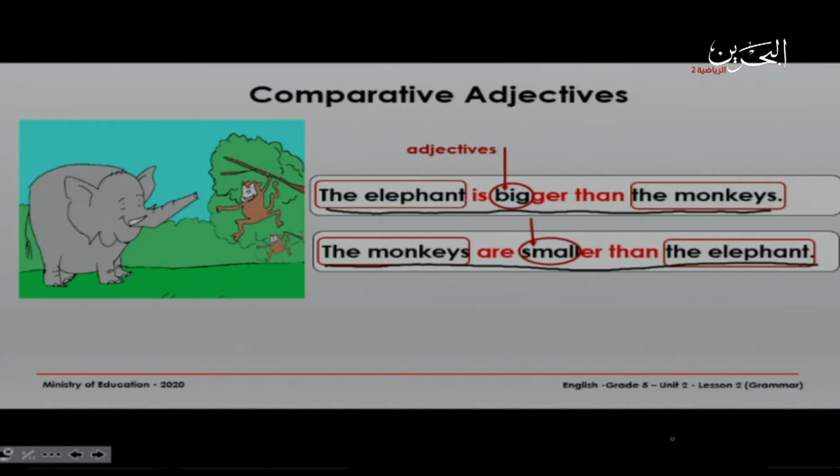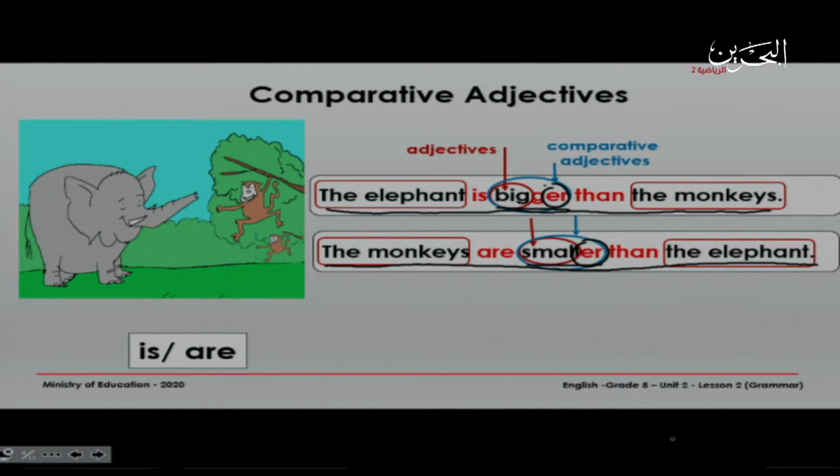To make it comparative, you have to add ER to the end of the adjectives. So the word will become bigger, and here smaller. To write a sentence, the rule is you have to use is or are. Look at this example.